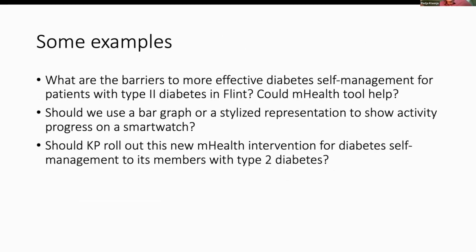So just very briefly to make this a little bit more concrete, right? A question of what are the barriers to more effective diabetes self-management for patients with type 2 diabetes in Flint is a very different kind of question than one that has to do with what kind of visualization, for example, you use to show progress on activity on a smartwatch.